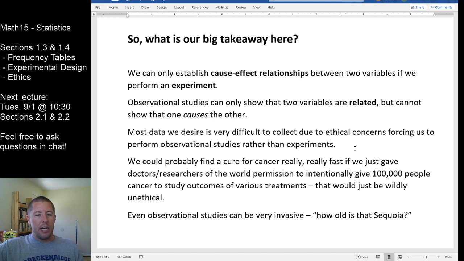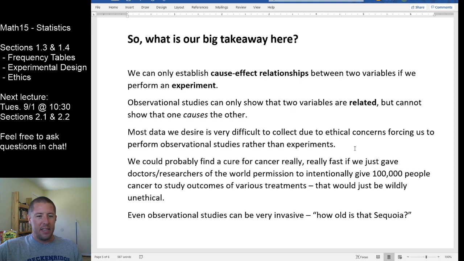Even observational studies can end up being very invasive, right? If I say to you, how old is that sequoia or how old is that redwood? You have one good way of answering my question, and that's to cut it down and count the rings. In that case, you have to destroy the object to study it. And that's the case with lots of other medical things, right?